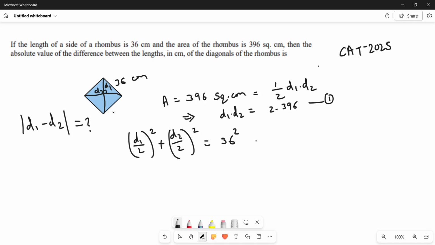This is using the right angle triangle and the Pythagoras theorem. Now let's expand this. This will give us d1 square plus d2 square equals 4 into 36 square. Now this is equation 2.